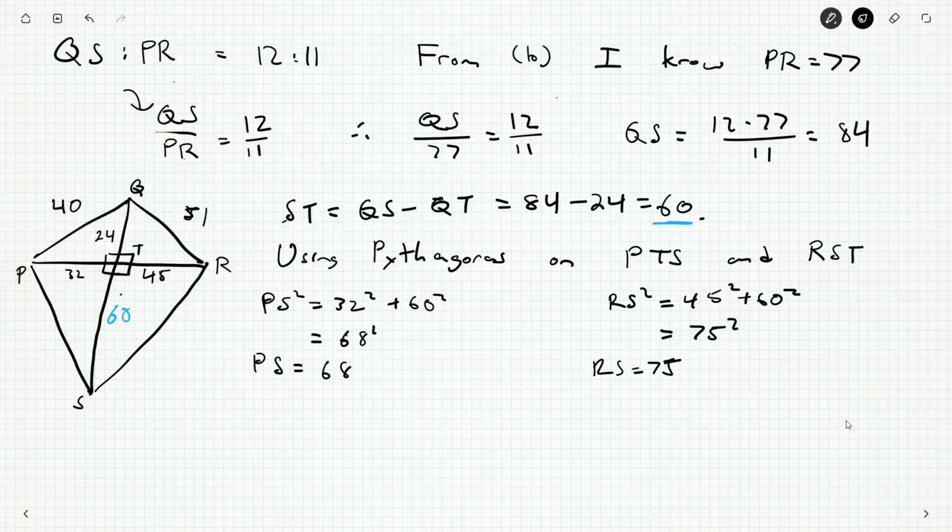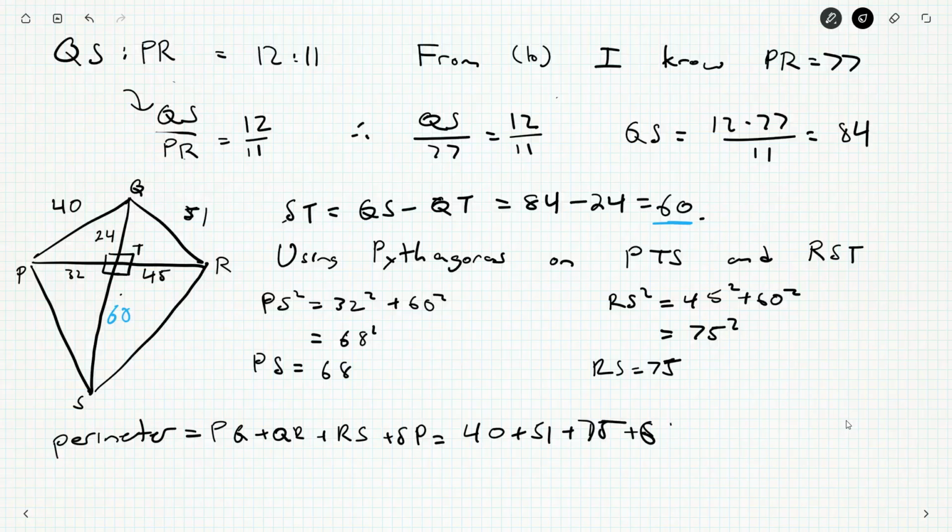So, the perimeter is equal to PQ plus QR plus RS plus SP. And now we know each of these lengths. 75 was next, and then 68. Make it a little clearer, that 75.